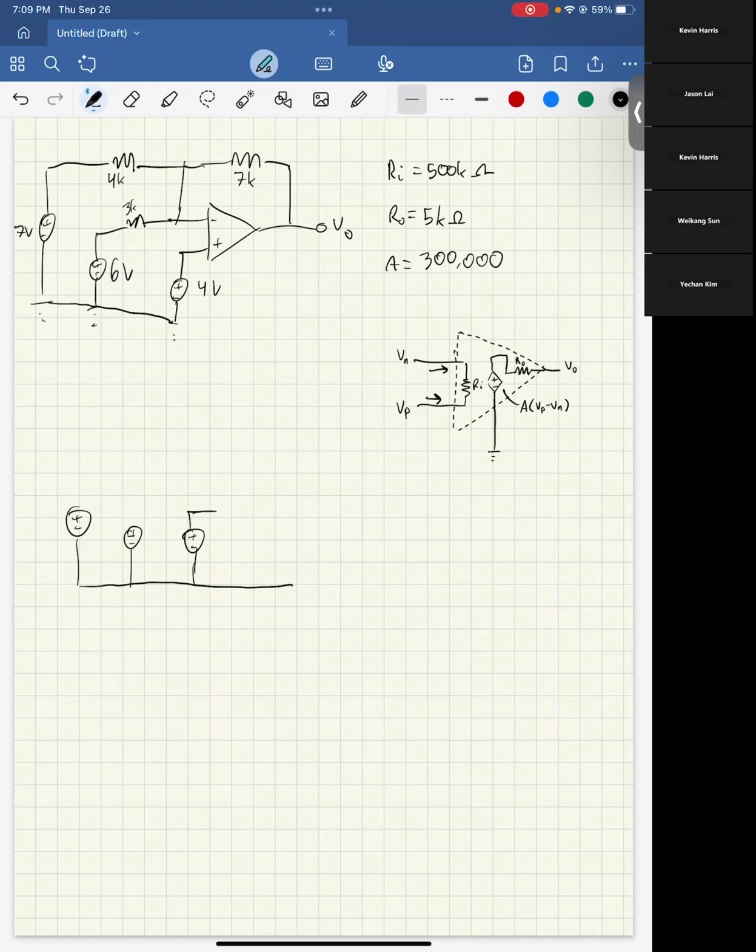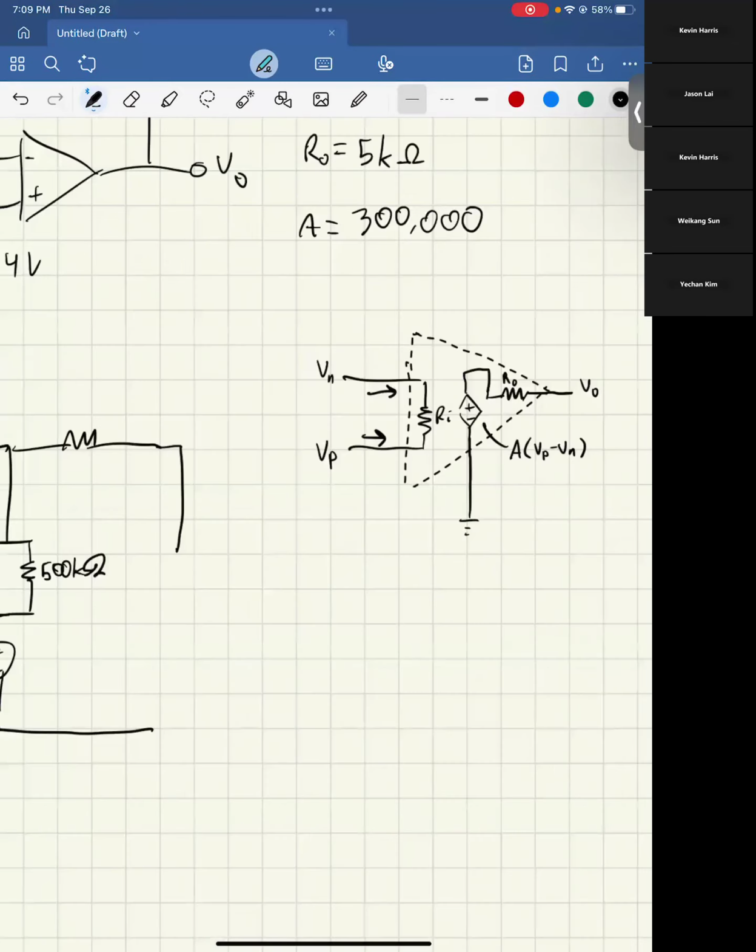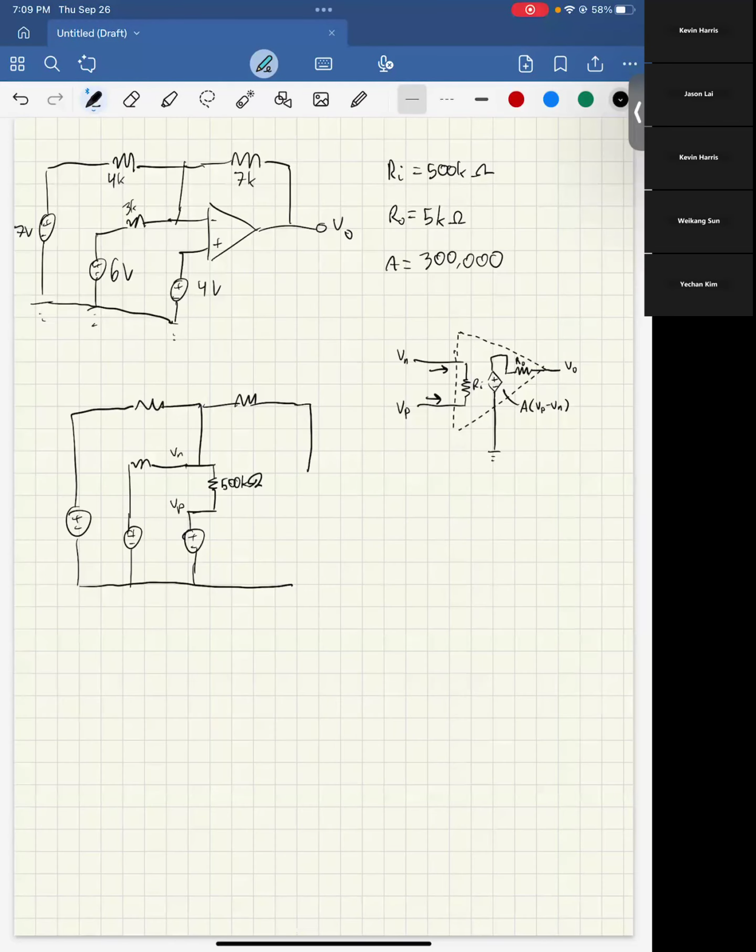And here we have our VP and our VN, and they're connected to each other by that 500 kilo ohm resistor. Then this VN goes up here, maybe like there, and then this is connected to V out. I'll draw this a bit more to the right so we have some more space.